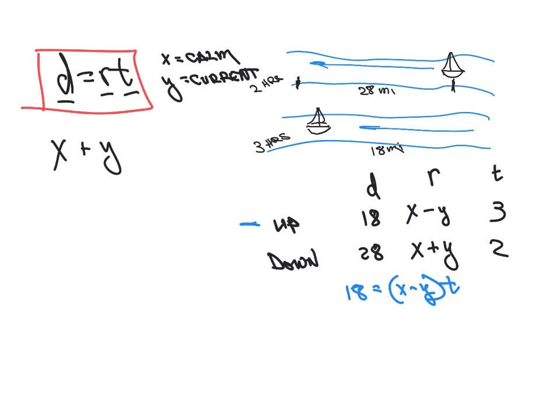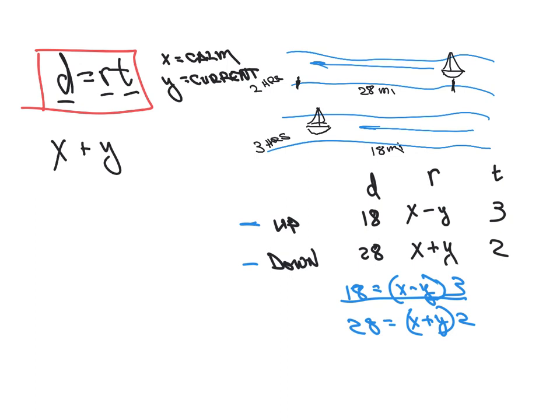T in this one is 3, so I should have a 3 there instead of a T. Distance downstream is 28 equals rate times time. Okay, let's do some finagling.